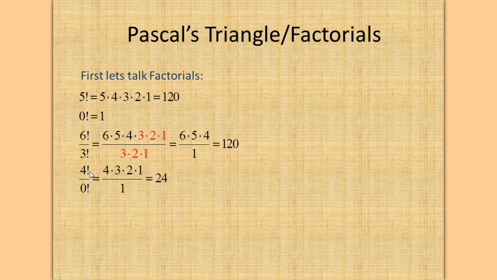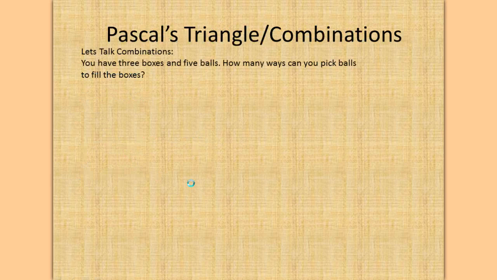Okay. 4 factorial divided by 0 factorial is equal to 4 times 3 times 2 times 1 divided by 1, because 0 factorial is 1, and that's equal to 24. And that's about all you need to know about factorials, is to recognize how to do factorials. And that's it.